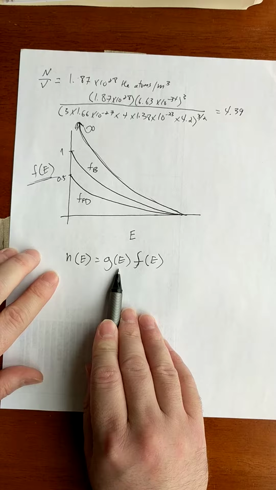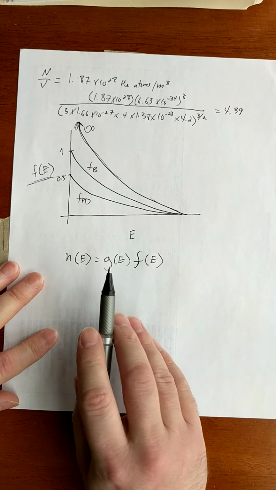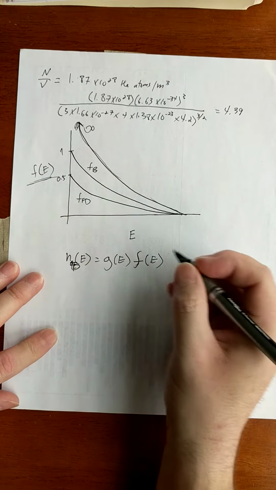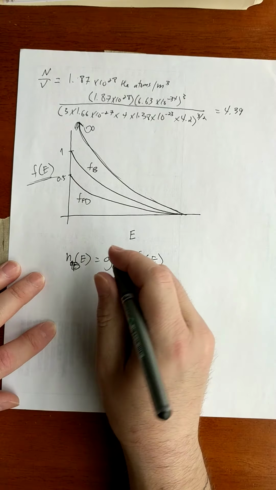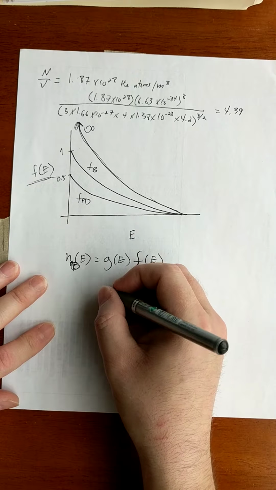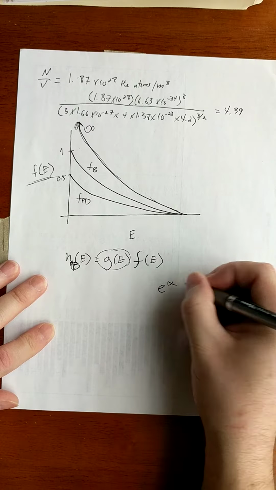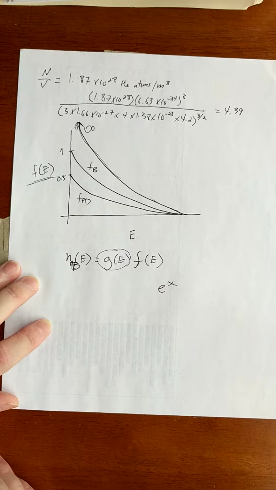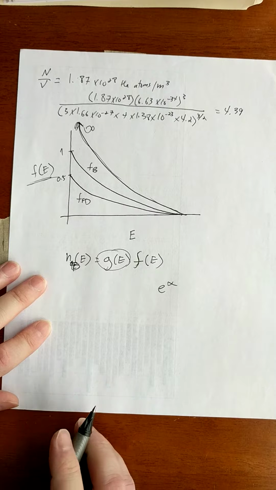We have this same distribution, whether we call this a Boltzmann distribution or a Bose-Einstein or a Fermi-Dirac. So you could write this equation for each of those, it would be the same. So finding that g of E is what makes it possible to find that constant e to the alpha, right, that we have in our Fermi-Dirac and Bose-Einstein distributions.